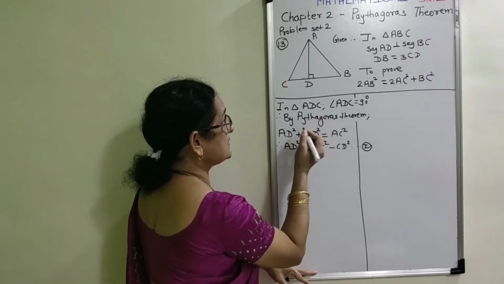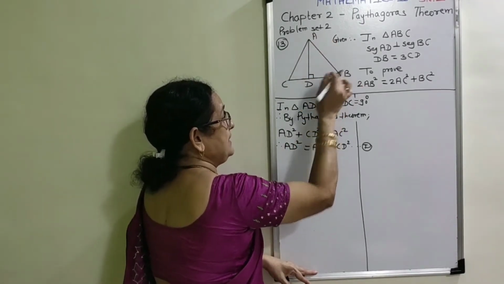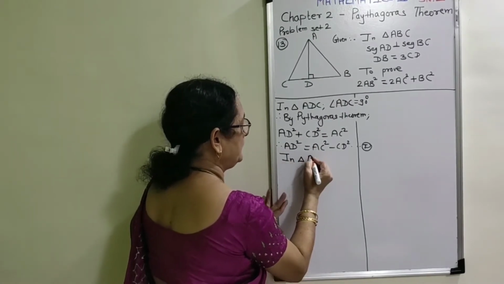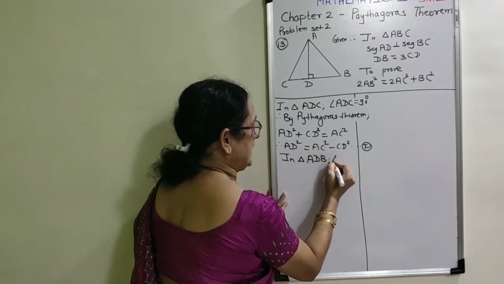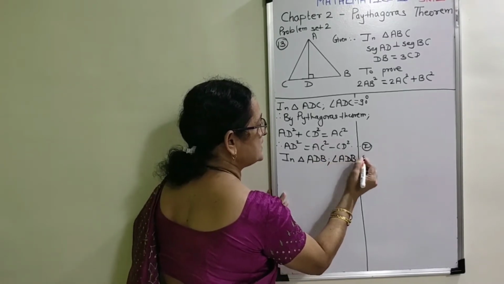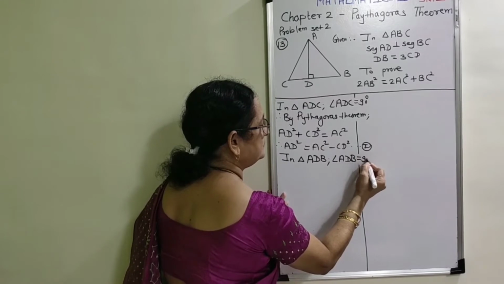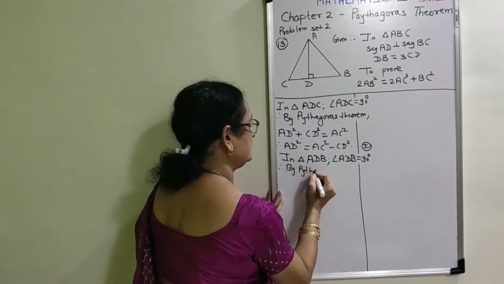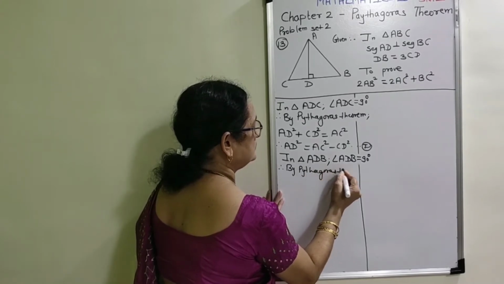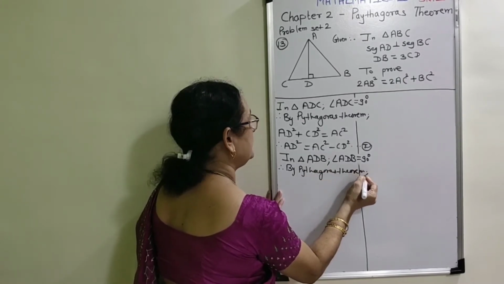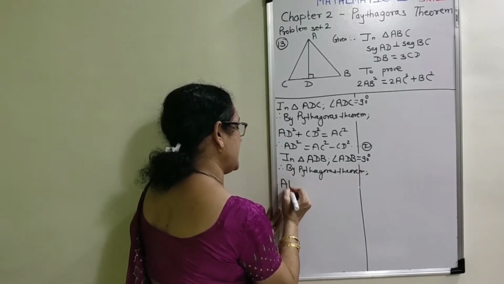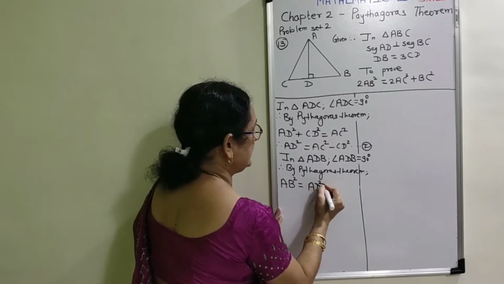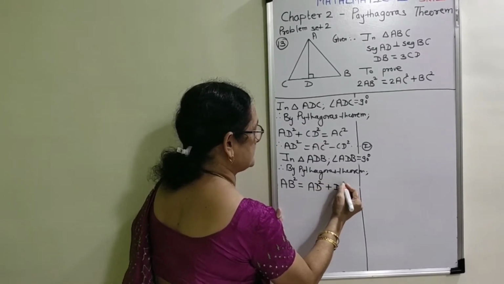Now apply Pythagoras for the remaining triangle ADB, which is also a right angle triangle. In triangle ADB, angle ADB is equal to 90 degree. Therefore, by Pythagoras theorem, we will get, now I am going to write hypotenuse on left side. AB square is equal to AD square plus DB square.